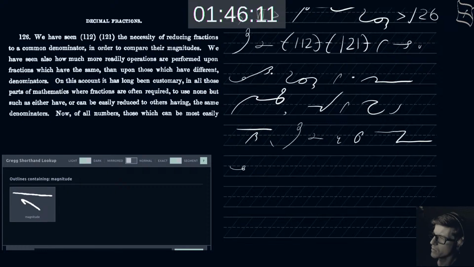Readily, that's ready and then just an E added to the end. Operations. Oh, operations is, yes, there we go.